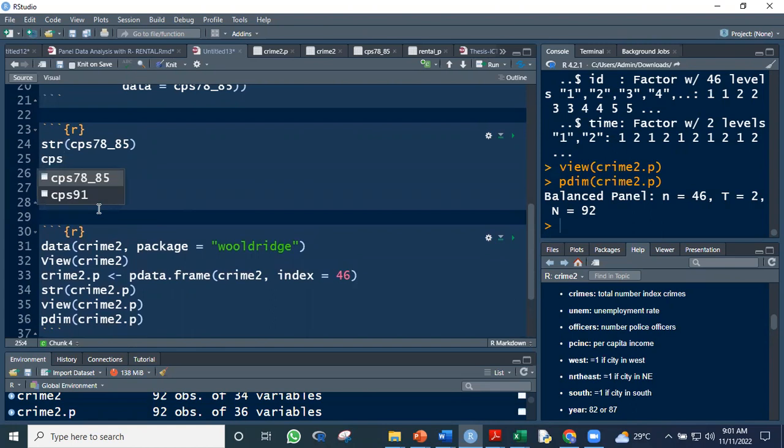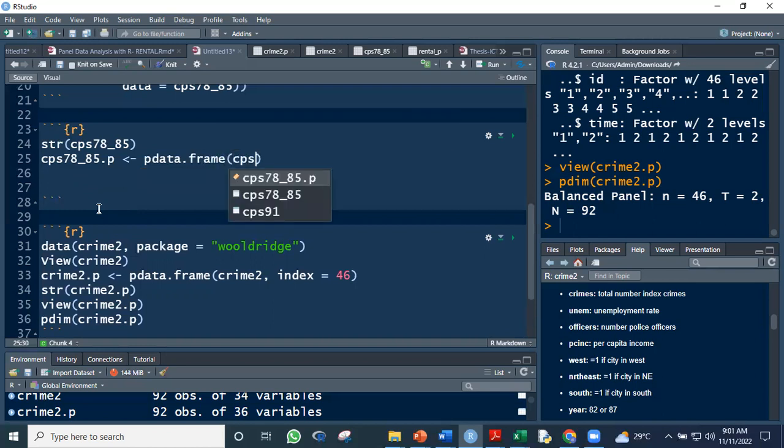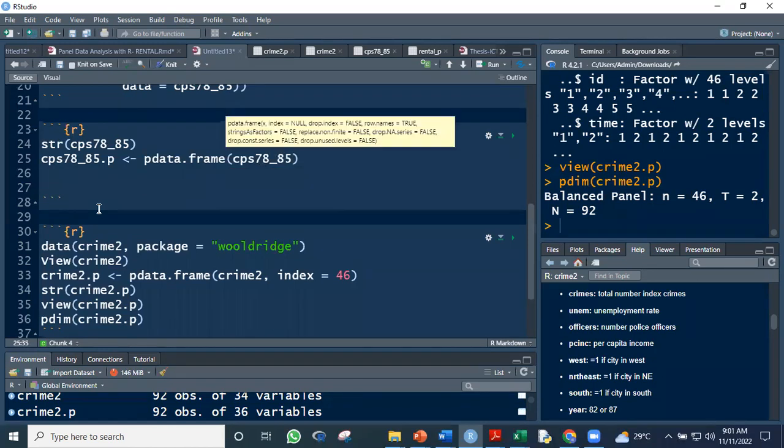Sulat ko na nga lang. Panel natin. So, P-data, CPS 78. Okay. Index natin.